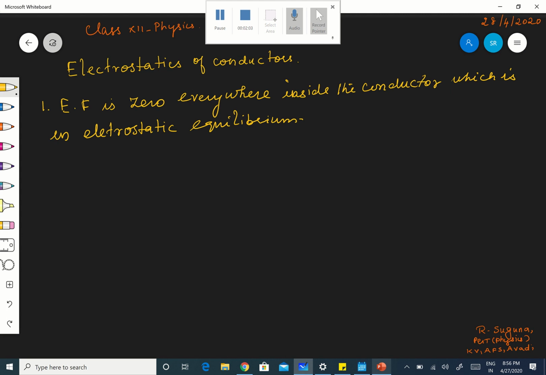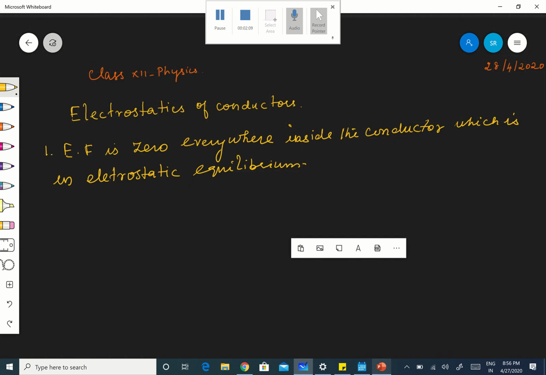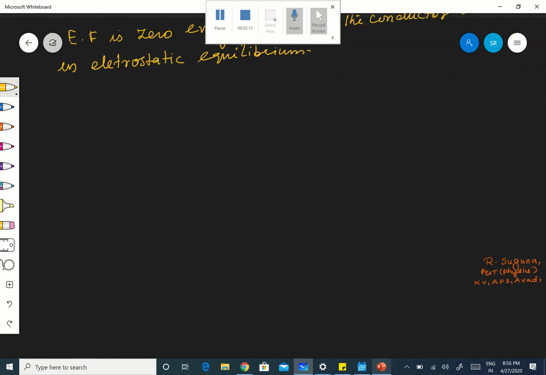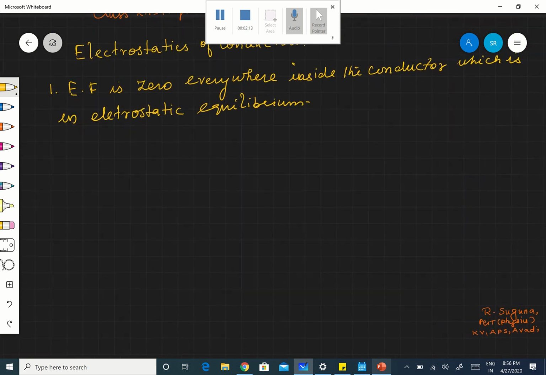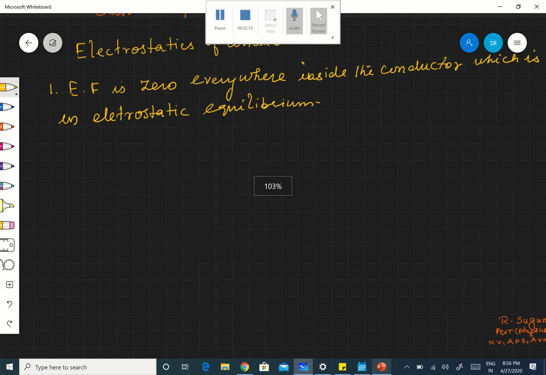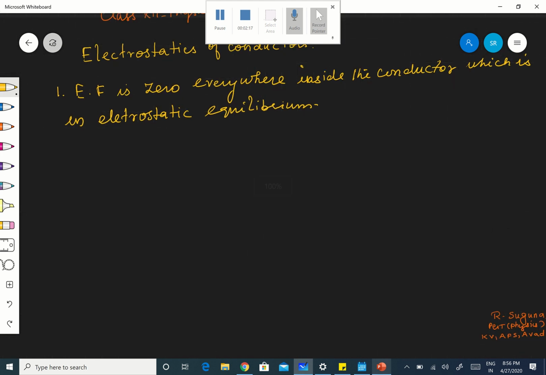Now, for that, how to explain? See, for example, I have a uniform electric field here. Two plates. I think we have already seen the method to produce a uniform electric field.